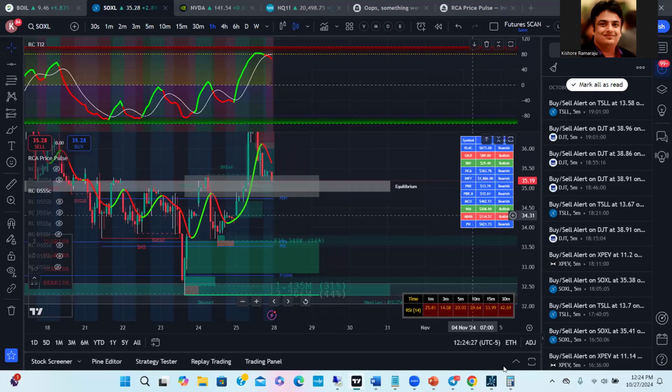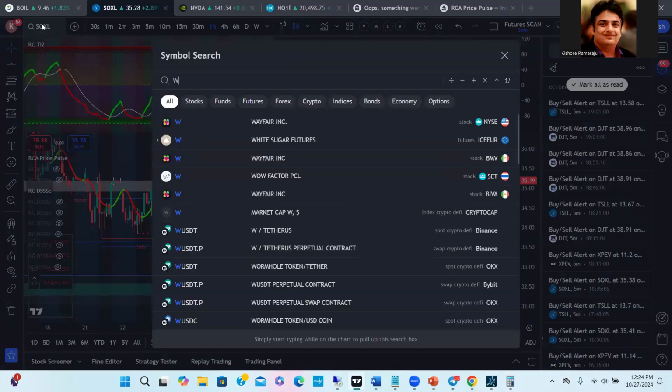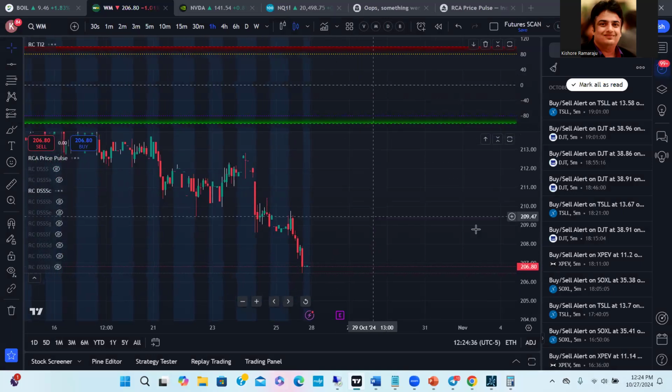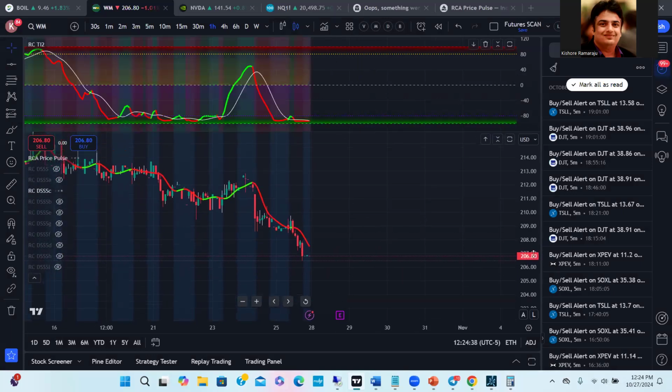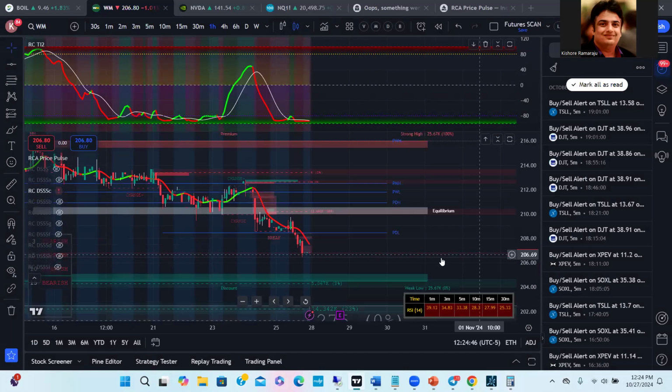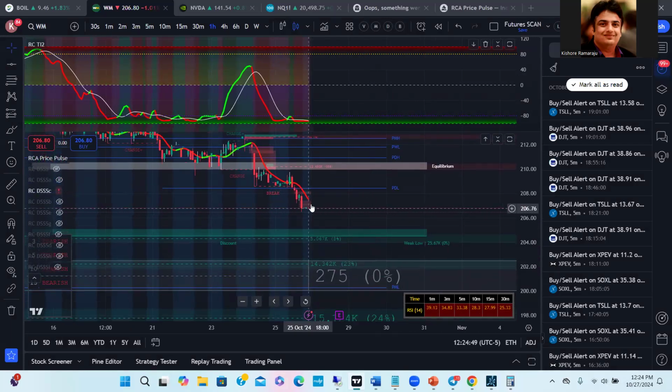Okay, now waste management is looking bullish. There is still some more possibility for a drop. It may come here and then start moving up.